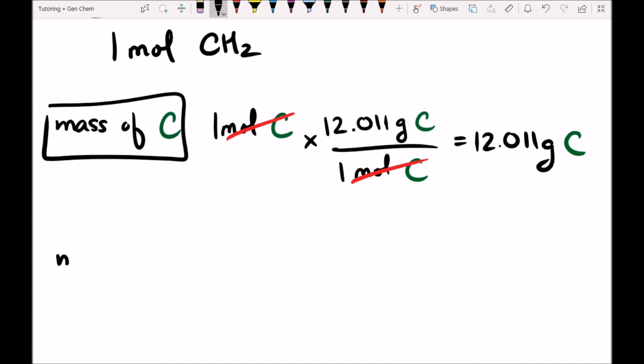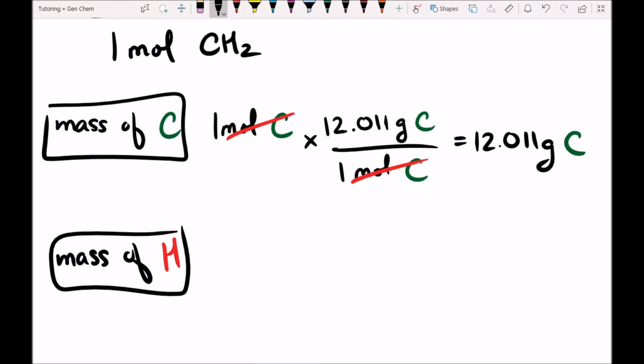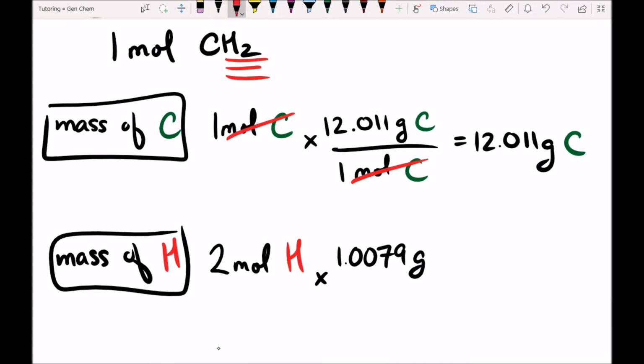Now we're going to do the mass of hydrogen within 1 mole of CH2. And we know in 1 mole of CH2 there's going to be 2 moles of hydrogen atoms because of this subscript 2 on the hydrogen. So 2 moles of hydrogen we're going to multiply by the molar mass of hydrogen, 1.0079 grams hydrogen per mole.